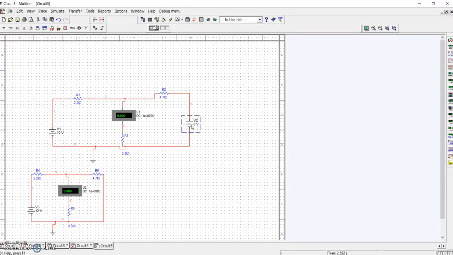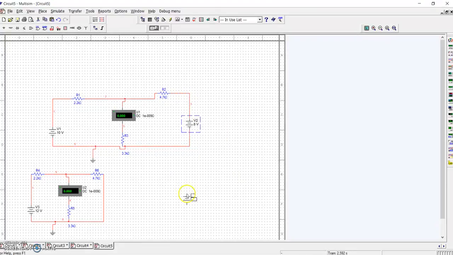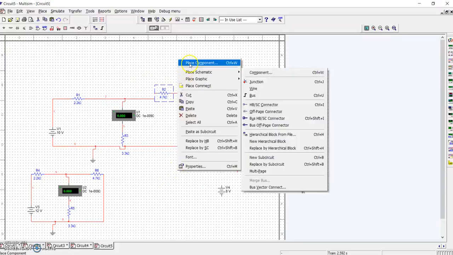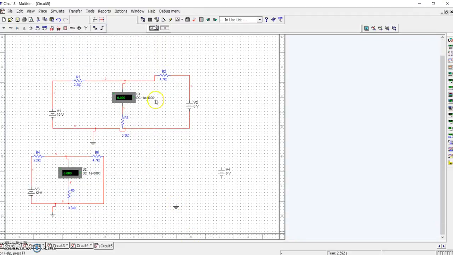So again a voltage source, for which you can copy and paste, Control C, Control V, and again copy and paste this resistance.